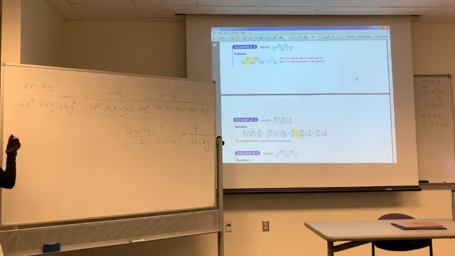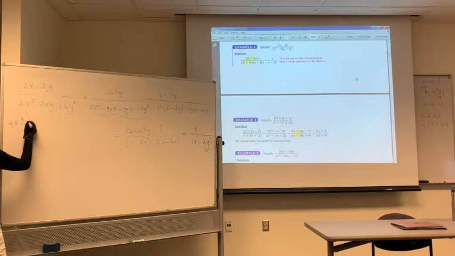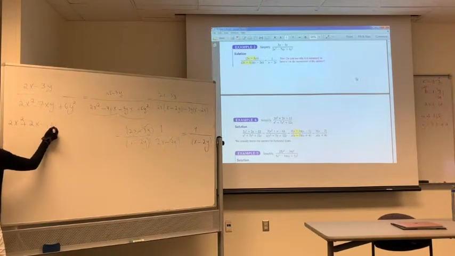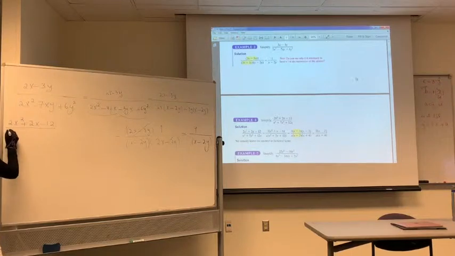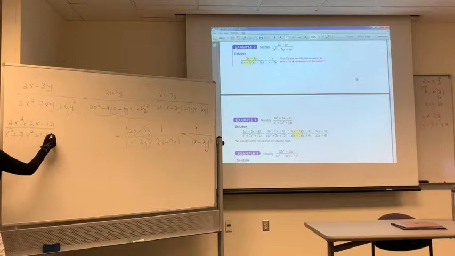So the next example. 2x squared plus 2x minus 12 divided by x to the power 3 plus 7x to the power 2 plus 12x.